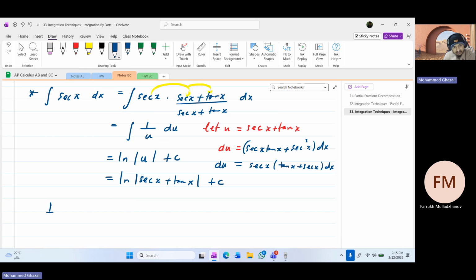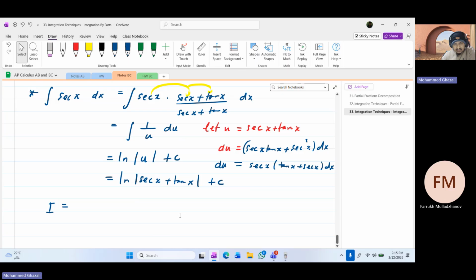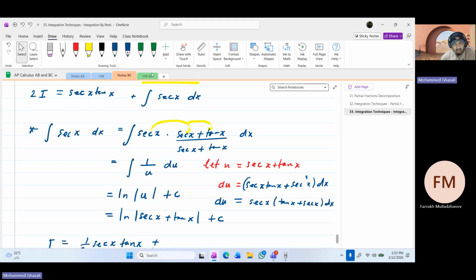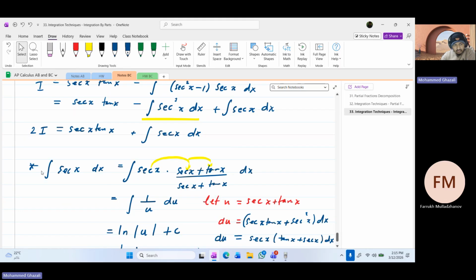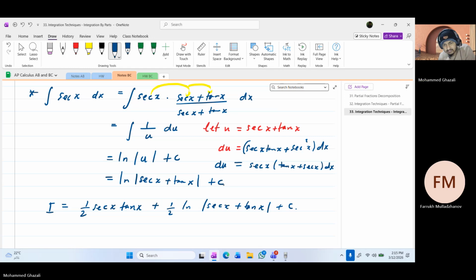So I is now equal to half sec x tan x plus, we still need to take this integral and multiply by half. So half ln absolute value of sec x plus tan x, plus c. Call it c1, and half times c1 is just another constant.